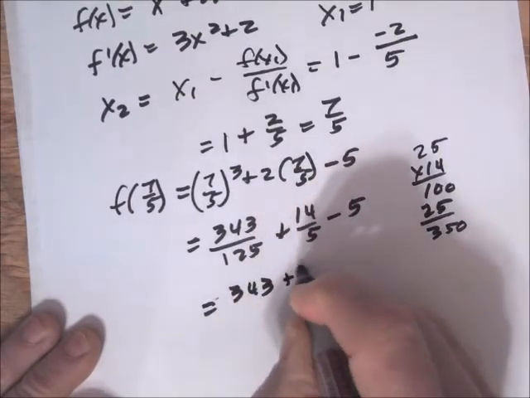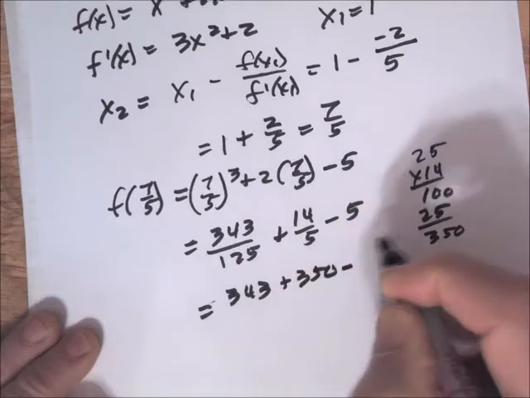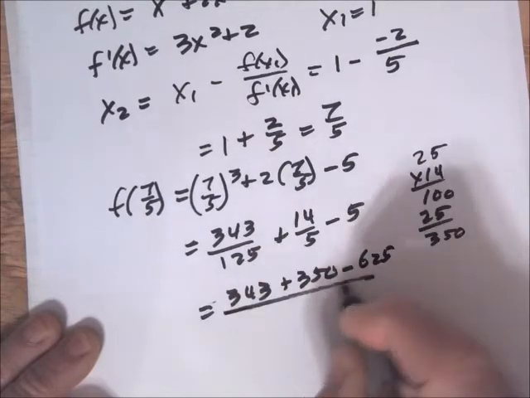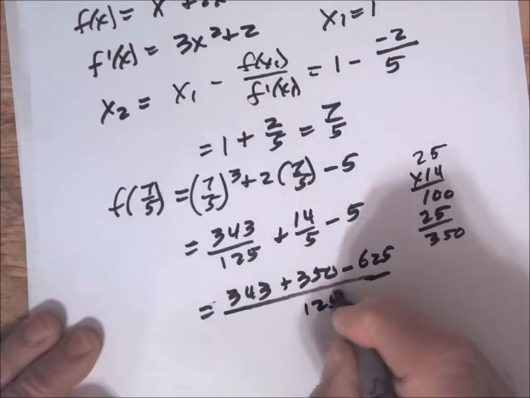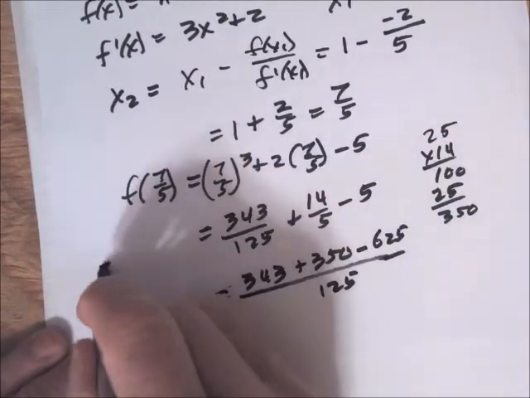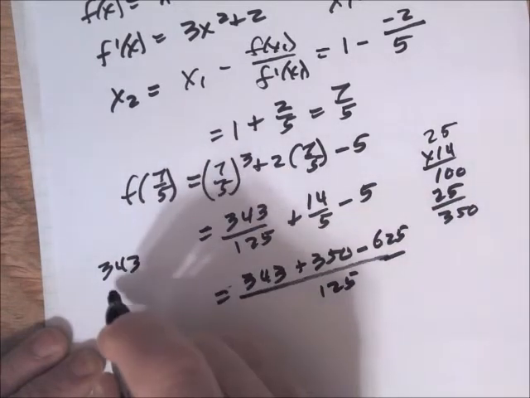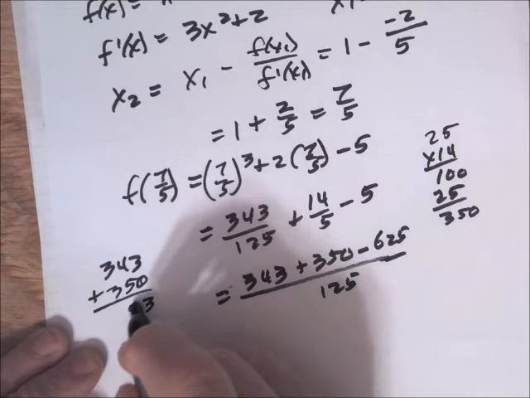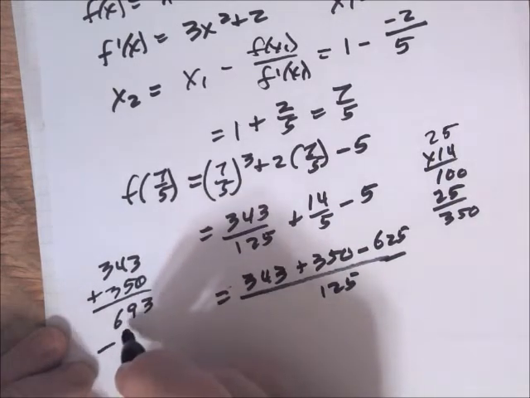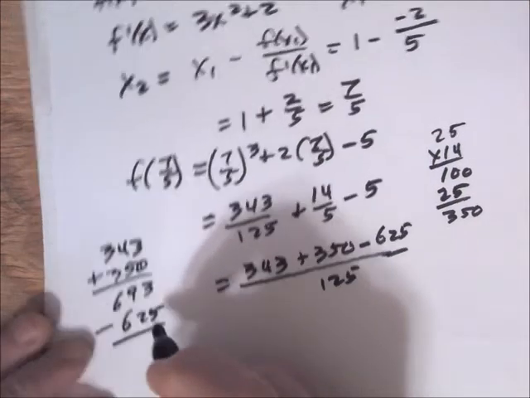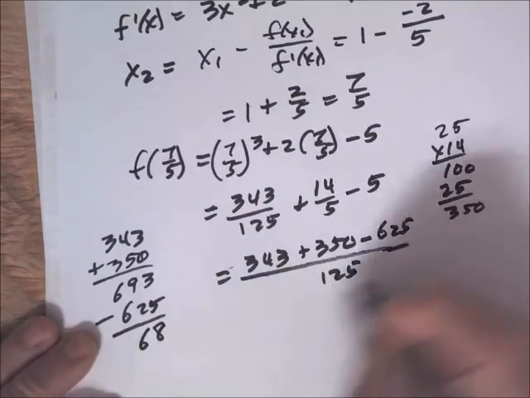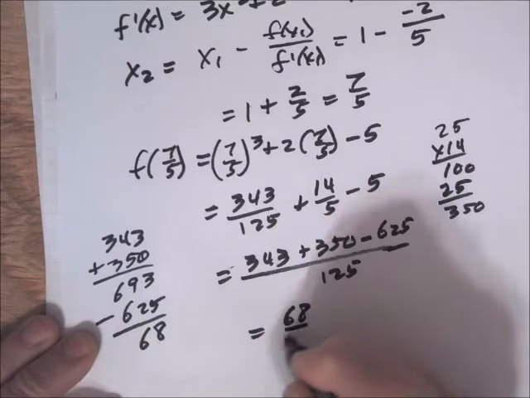So it's 343 plus 350 minus 625 over 125. So this is going to be 68 over 125.